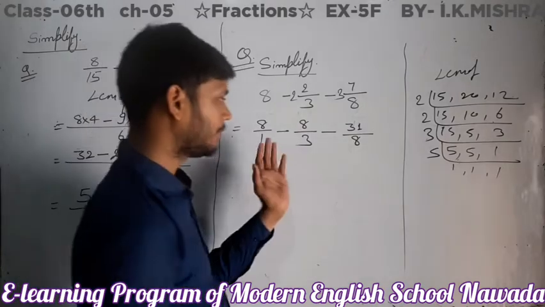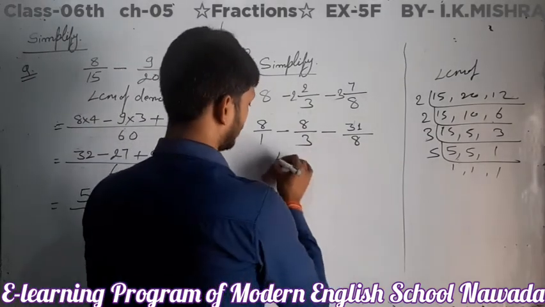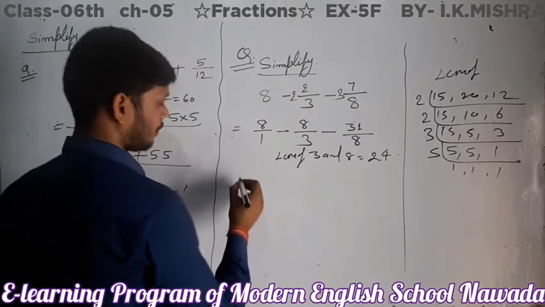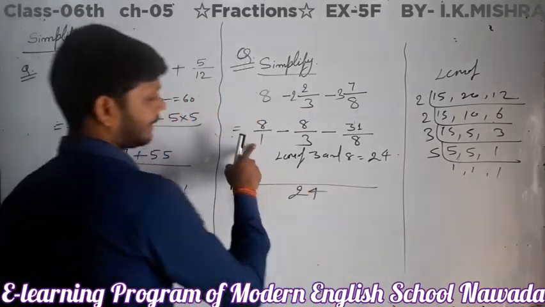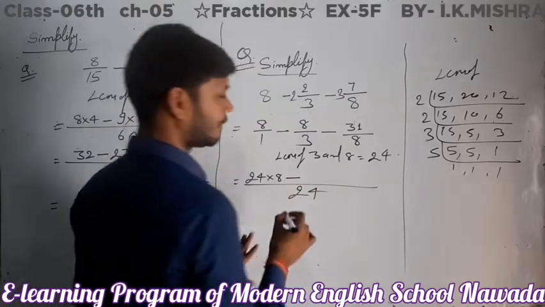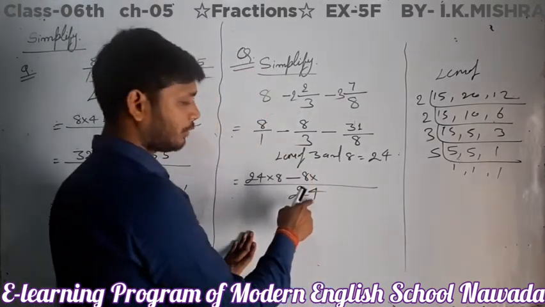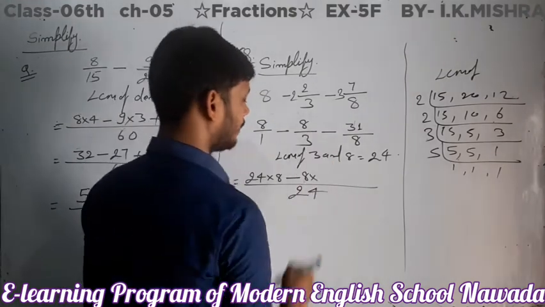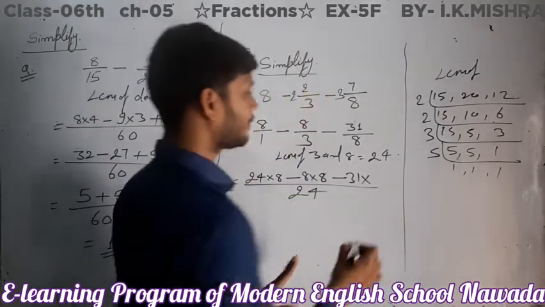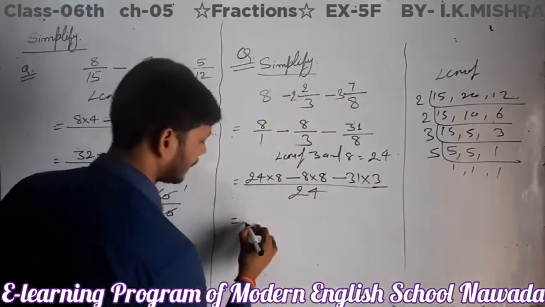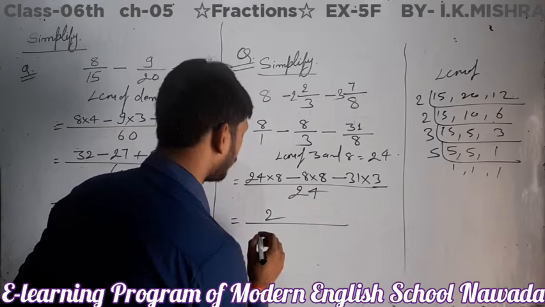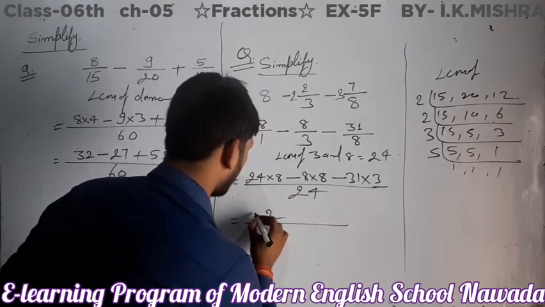After that, find the LCM of 3 and 8, which is equal to 24.